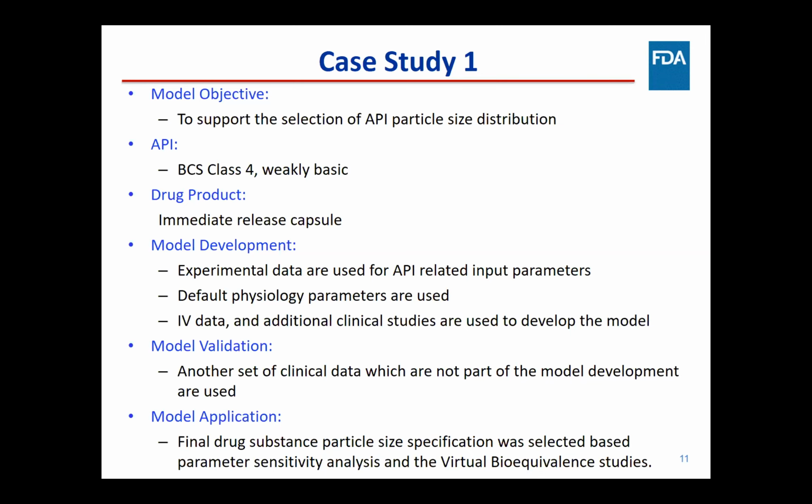Default physiology parameters were used. IV data and additional clinical studies were used in model development. However, model validation was done with another set of clinical data which were not part of the model development. Then, model application was to set the right final drug substance particle size specification. And this was selected based on the parameter sensitivity analysis and the virtual bioequivalence study.